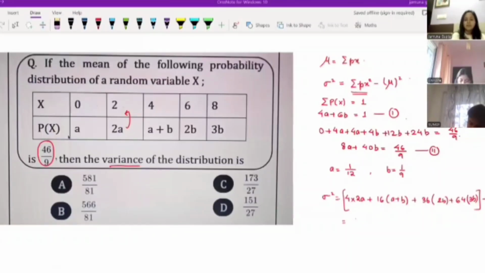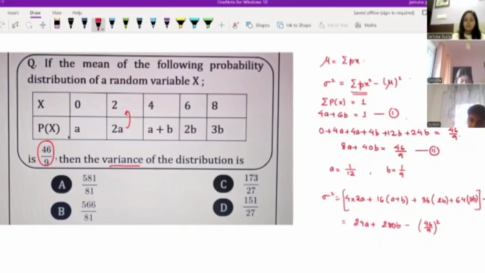So tell me, anybody who got the value? The simplified value is 24a plus 280b. Yes, 280b. And then you have that minus 46/9 whole square.